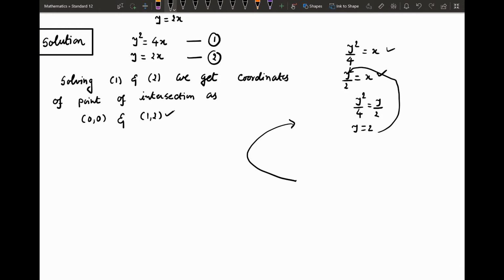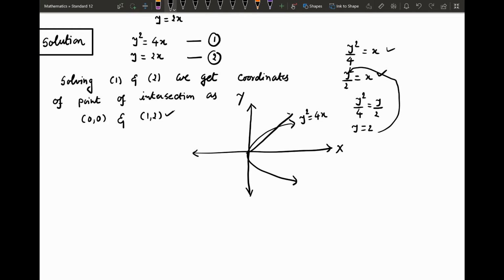Now y square equal to 4x is a parabola. Square is always positive, so x is always positive. On the X axis, y axis, this is y square equal to 4x and y equal to 2x.